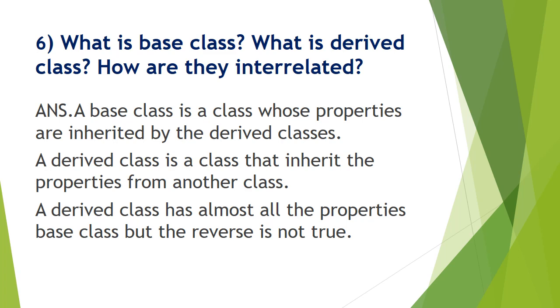How are these two interrelated? A derived class has almost all the properties of the base class because it inherits the properties from the base class, but the reverse is not true.